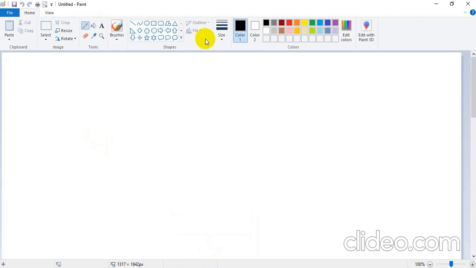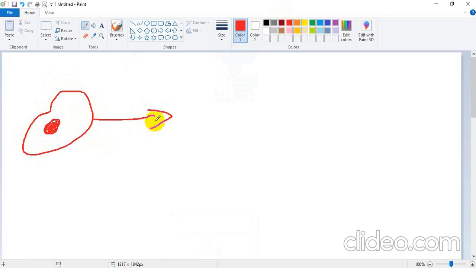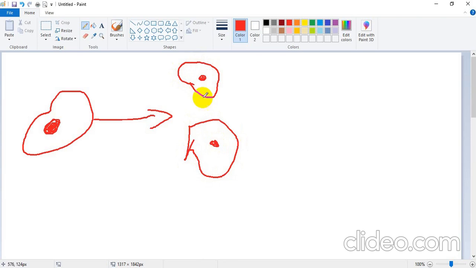So if you have a cell like this, for reproducing by binary, this is the nucleus. When it's reproducing by binary fission, it produces what? 2 daughter cells, which are of the same size as it. The 2 daughter cells are of the same size as the parent or mother cell.